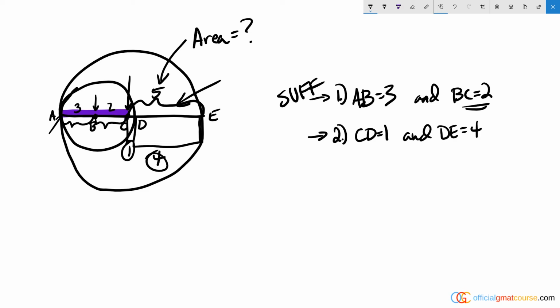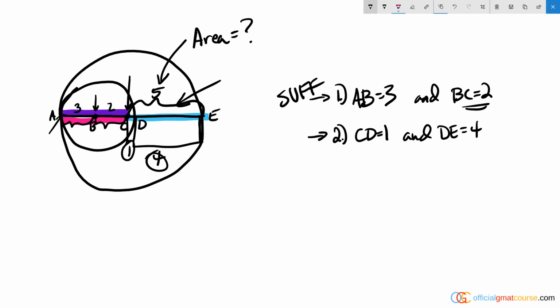Now, can we get the area of the smaller circle? Well, we know from the edge of the larger circle to the center of the larger circle is a distance of 5. And that means that the distance from, let's grab another color, the distance from here to here must also be 5, because that's from the center of the circle to the other side of the larger circle.